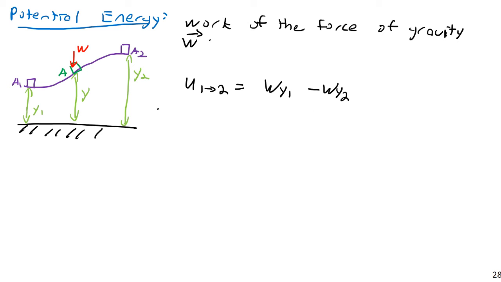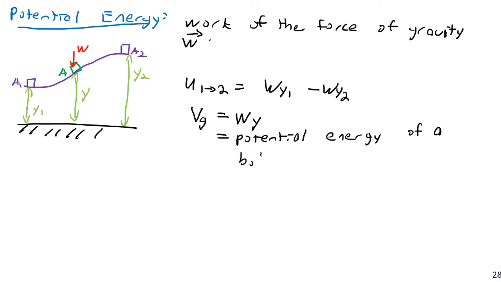Let's see, I'm going to define the gravity variable V sub g, where V will be the potential energy, and the potential energy at a point is W times y. So V sub g is the potential energy of a body with respect to (WRT) the force of gravity.